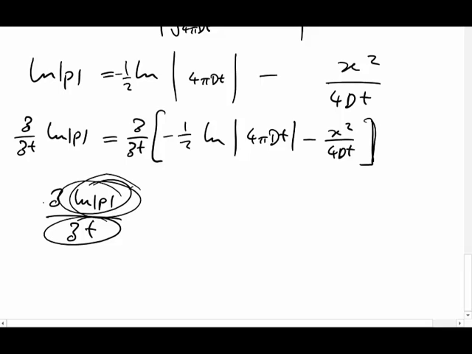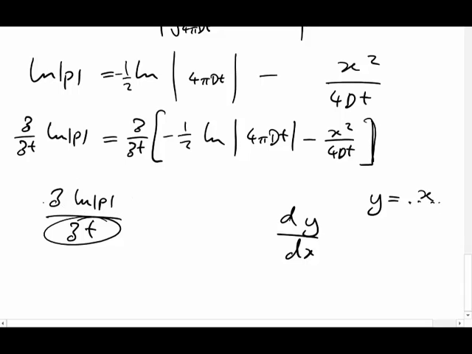I realise I'm just shouting letters at you now. But effectively, if I want to take the derivative of y with respect to x, then I need y equals something on the right hand side which involves x. So here I want to take the derivative of p, but I can't take the derivative of p with respect to t because there's no t in this log p.